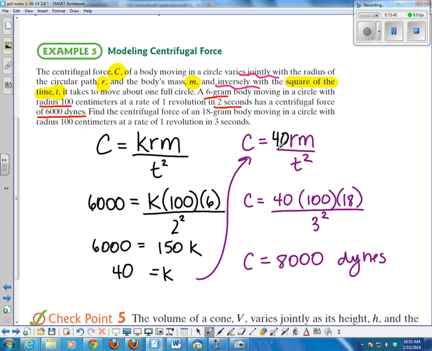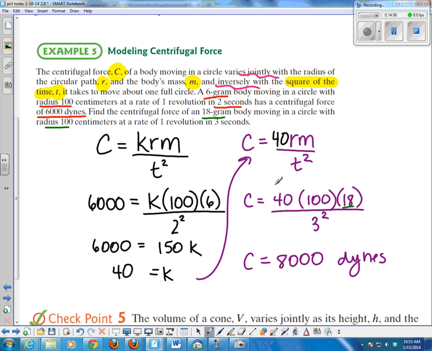You take that constant and substitute it back into the original formula. So we're taking this formula, putting in 40 for K, and then we'll use that to solve for the next part of the equation. Okay, so the second part is here. Find the centrifugal force for an 18 gram body. Let's change colors here to green. 18 gram body, that goes here.